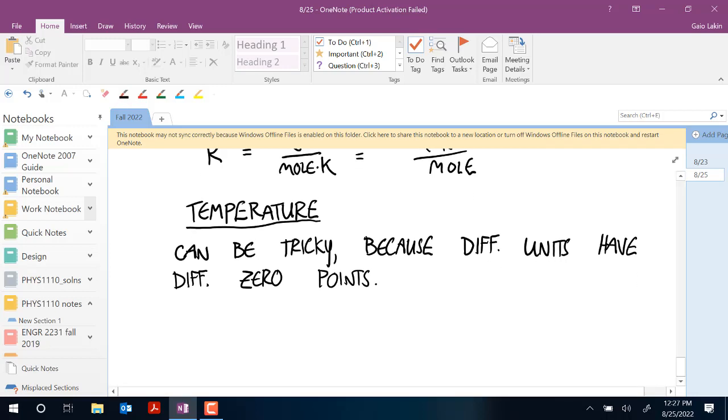And what this means is that you have to be very clear to yourself about whether you're talking about a difference in temperatures or instantaneous temperatures as a property.